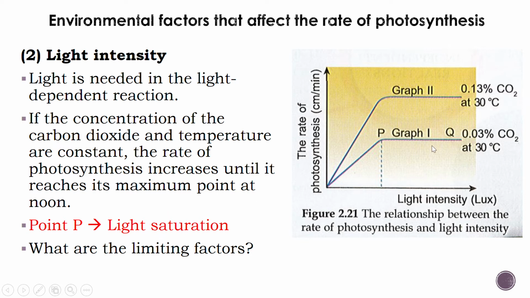So in this case, kamu bezakan graf 2 dan graf 1 bentuknya sama. Okay, graf 2 ni lebih tinggi dia punya kadar. Okay, what's the difference? Is that in this case, carbon dioxide punya kepekatan pula menjadi faktor penentu, faktor pengehat, limiting factor. Okay, dia punya suhu tu memang tetap dalam kes ini, 30 degree Celsius.